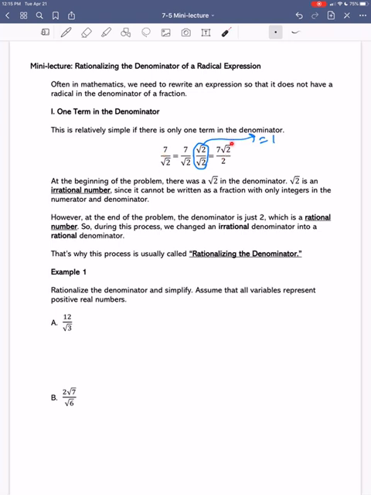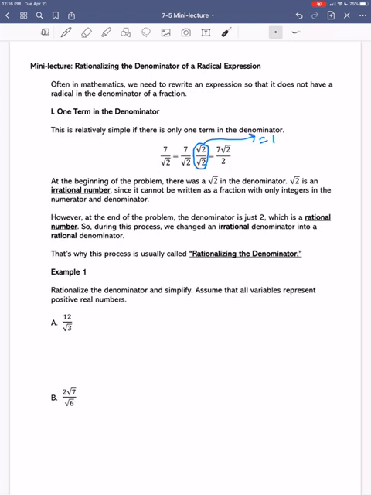At the end of the problem, I still have an irrational number, but now it's in the numerator, and my denominator is just 2, which is a rational number, 2 over 1. And so we say we've rationalized the denominator. We changed the denominator from an irrational number to a rational number.